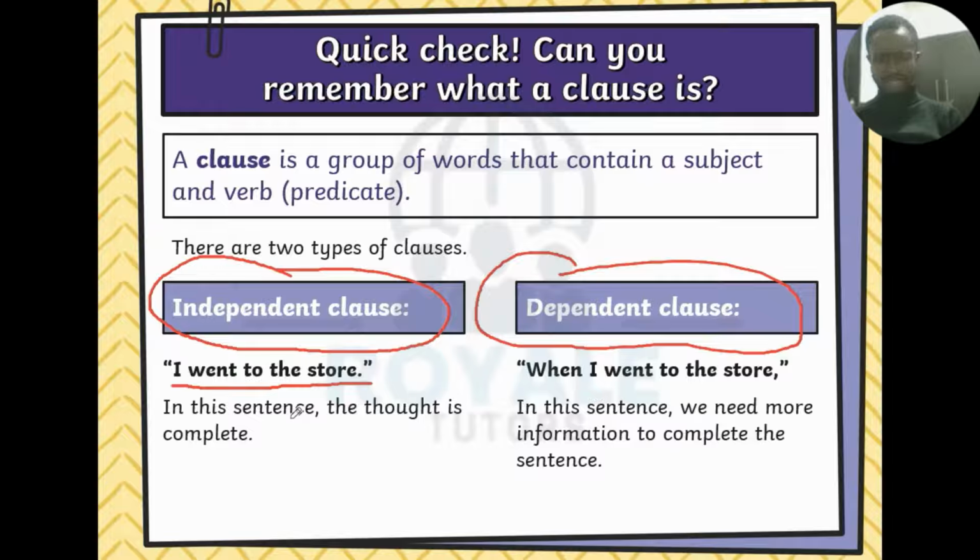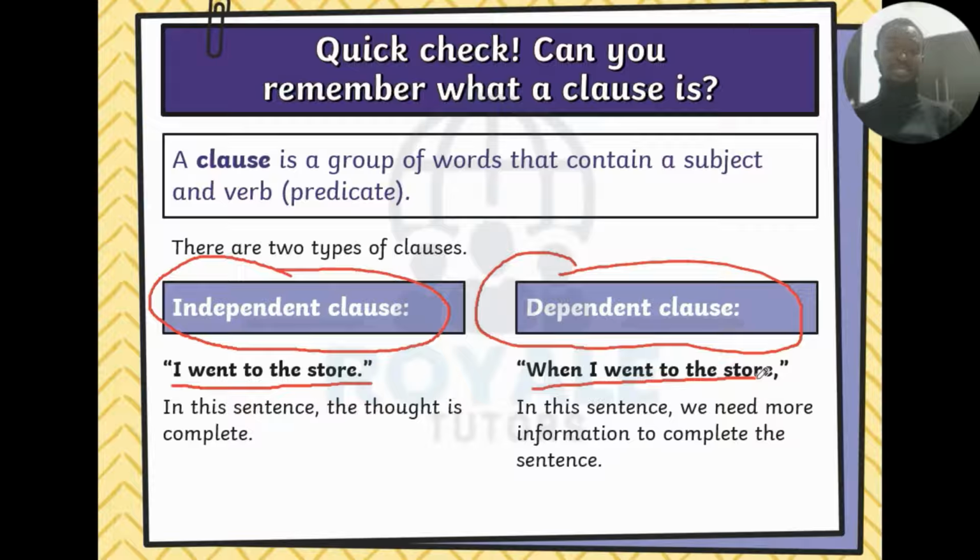But let's look at a dependent clause. As the name suggests, dependent. It simply means that it cannot make a complete thought. It is dependent on other things in a sentence for it to make sense. Let's look at an example. It says, when I went to the store.